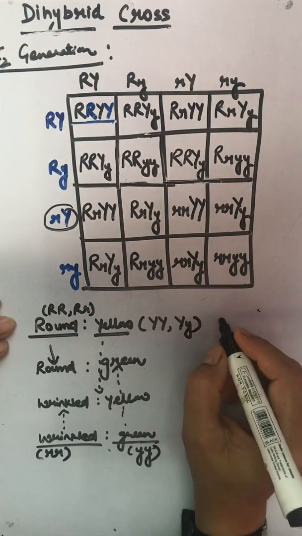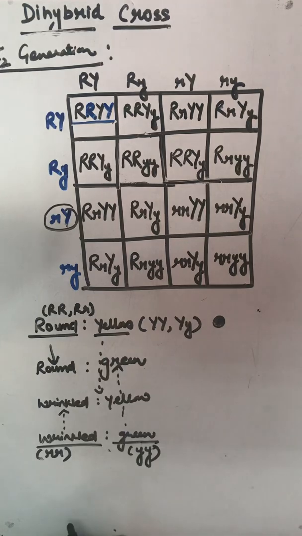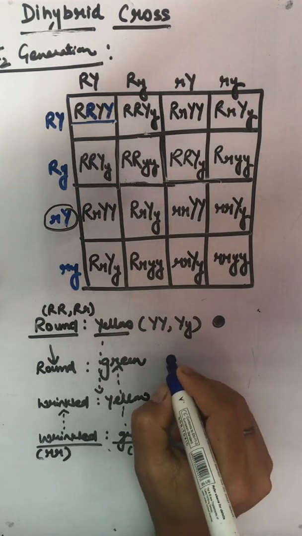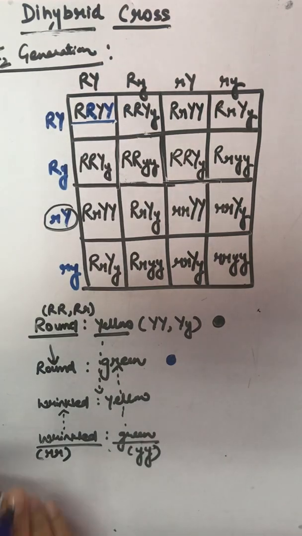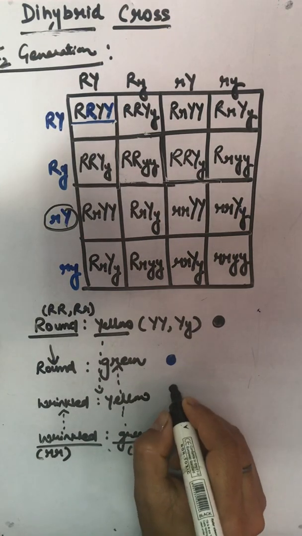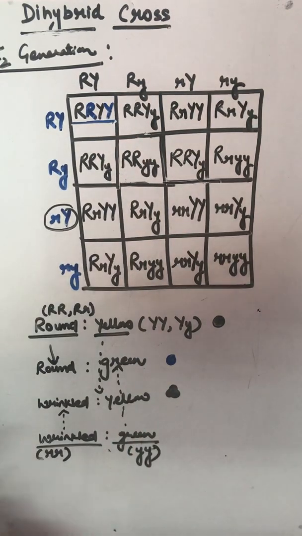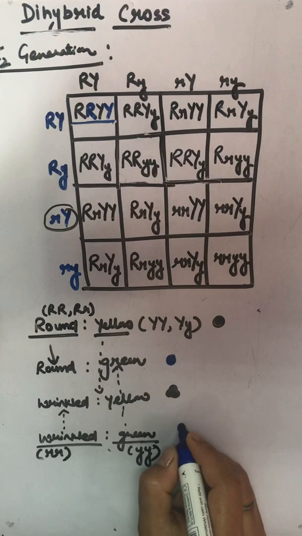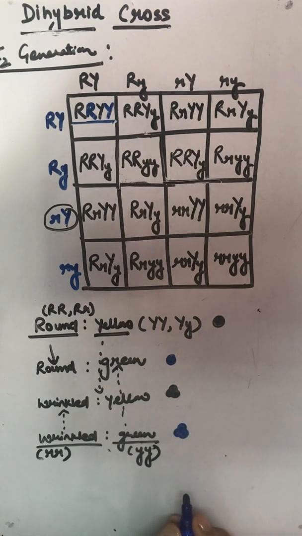If it is going to be purely round and yellow, we are going to give it black color. If it is round and green, we are going to give it a blue color. We are doing a color coding. If it is wrinkled and yellow, we are going to give it a black color, wrinkled and black. If it is going to be wrinkled green, we are going to give it a blue shade. Alright.